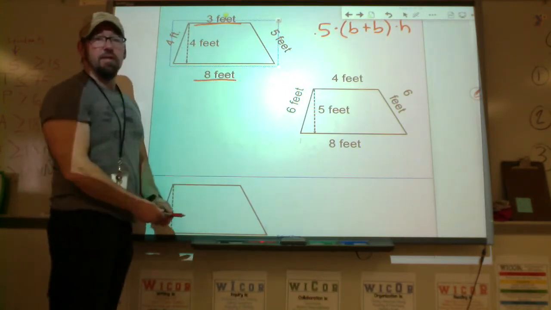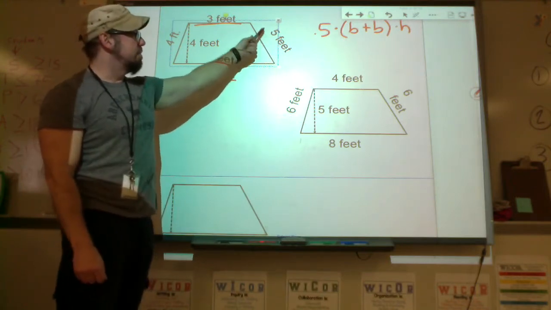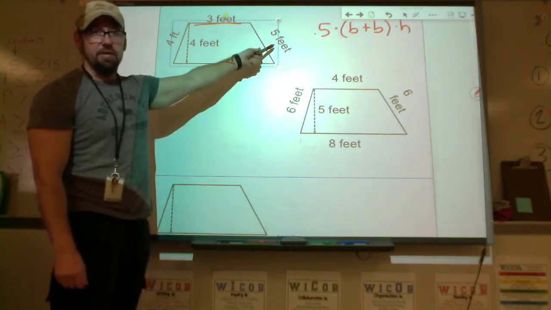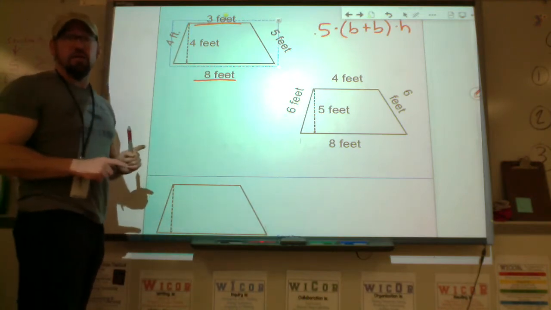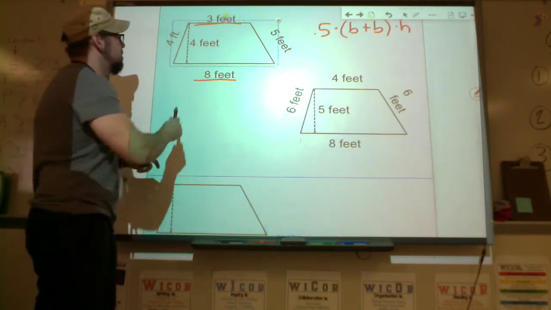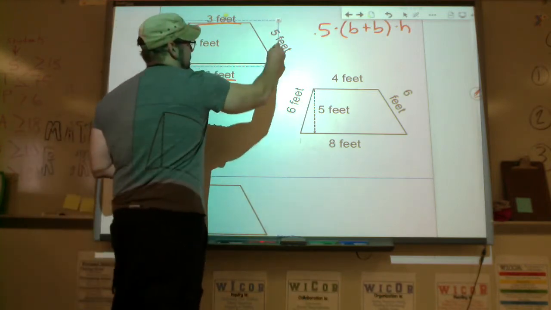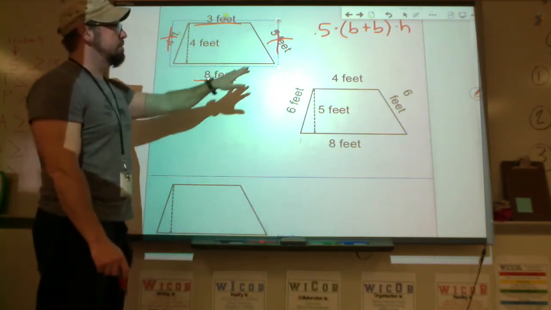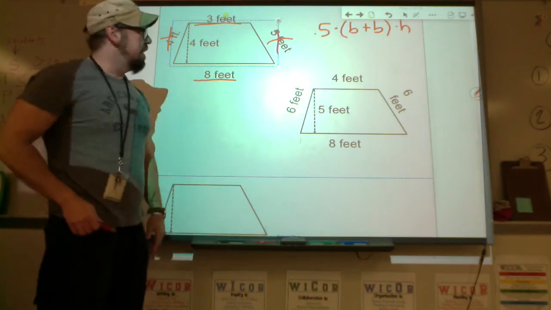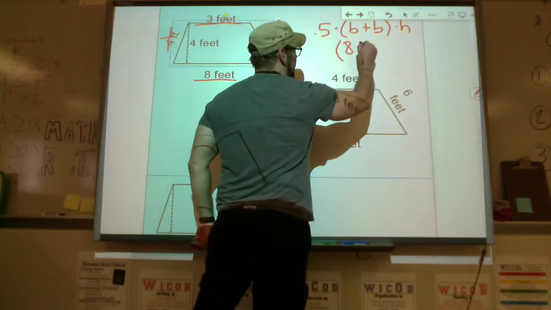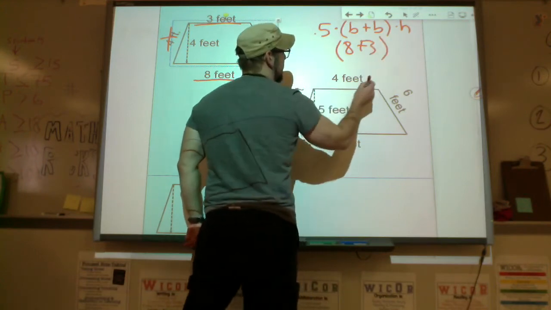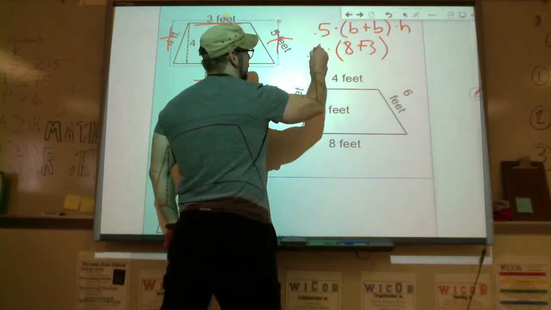Even though they tell me these things over here, 5 feet and 4 feet, those are the legs, and they don't matter. So I don't even care about this. If you want to cross them off, I can cross them off. I'm just going to plug my numbers in. I have 8 and 3 for my bases, 8 plus 3, times 0.5.